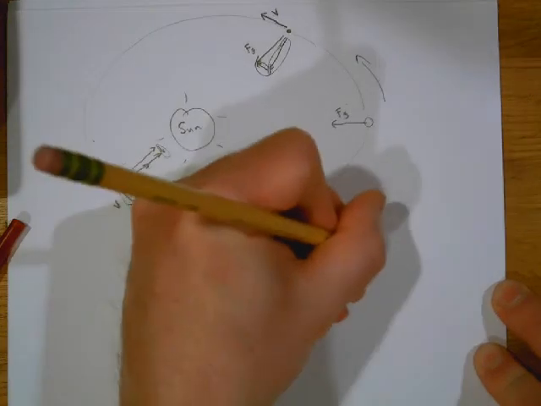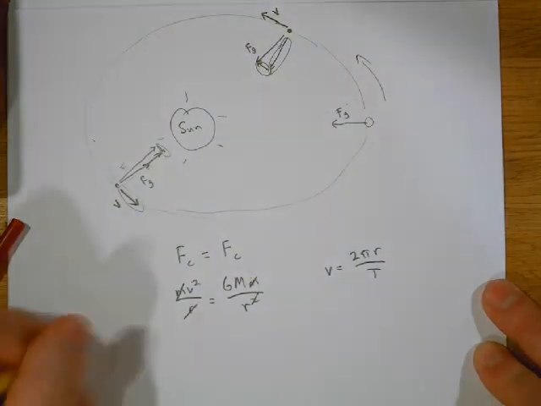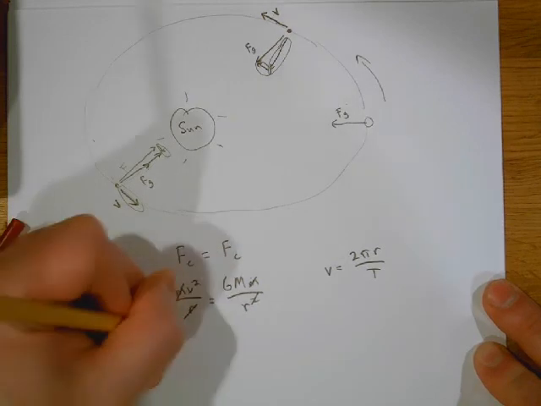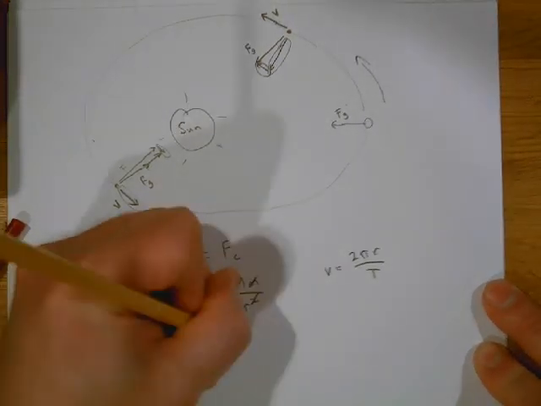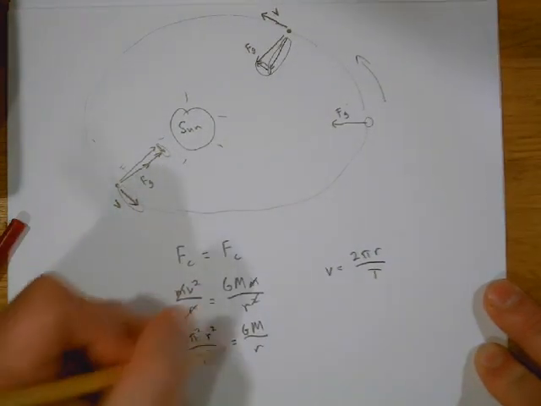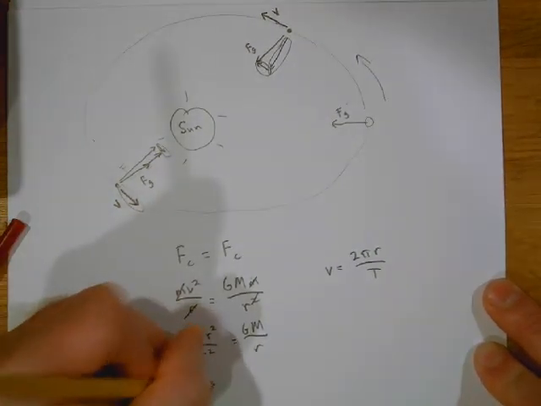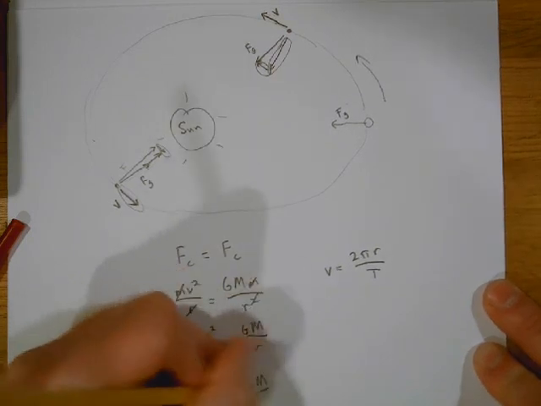I'm going to do some algebra here. Goodbye m, goodbye m, goodbye r, goodbye r. Well, if it's moving in a circle, then this is true. We're going to pretend it's moving in a circle for this. Otherwise, we have to do calculus. So if I plug that in here, I get 4 pi squared r squared over T squared equals GM over r.